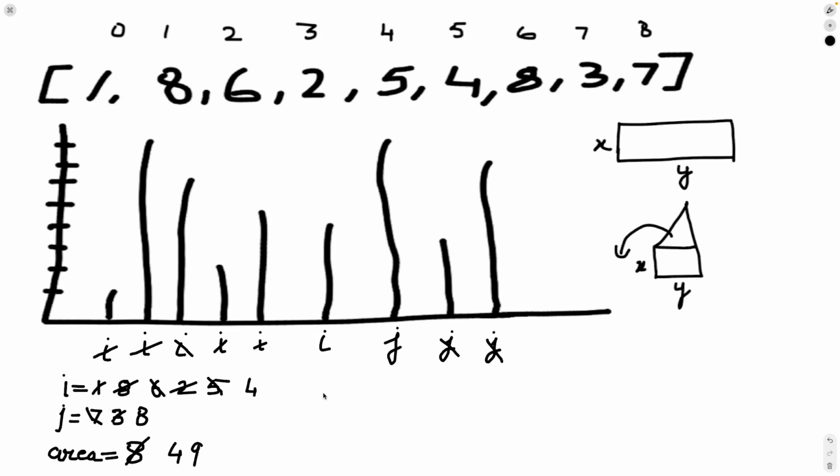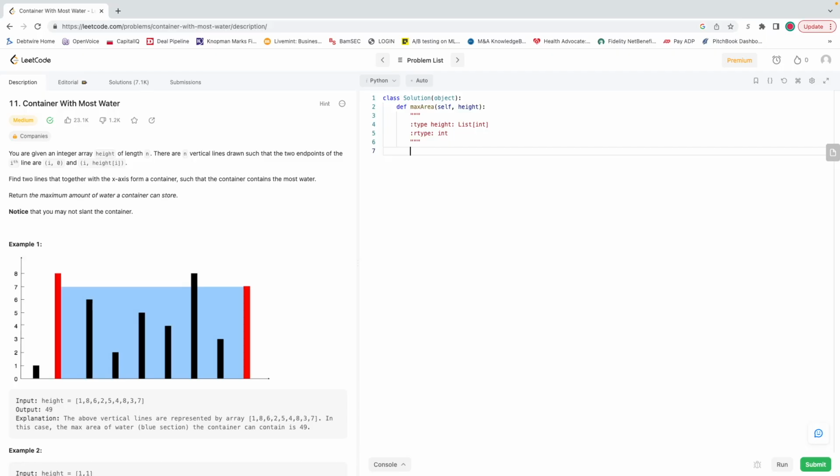So now let's look at the code for this solution. As spoken earlier, I'm going to keep max area. This time it's going to be a variable which is going to store the maximum area as 0 for time being, and as the area increases, it's going to store that.